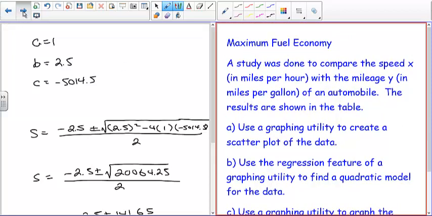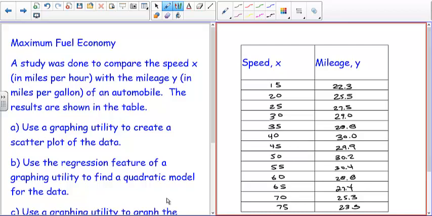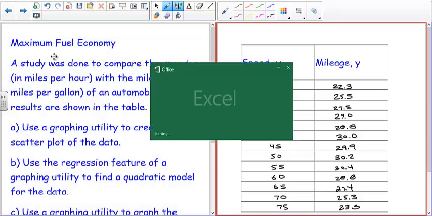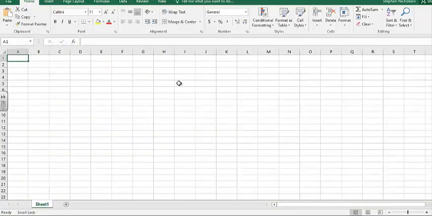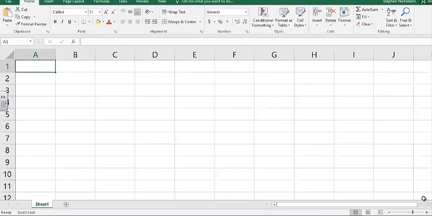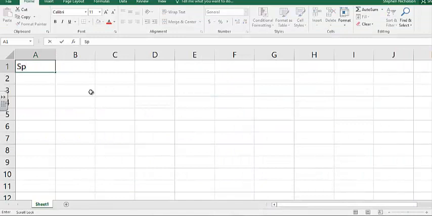Okay, so here's our data. We're going to use Excel to plot this, and I'll go through the whole process of doing it in Excel to show you how it works. We're just going to create a new spreadsheet and create a table with speed in one column and mileage in the other.